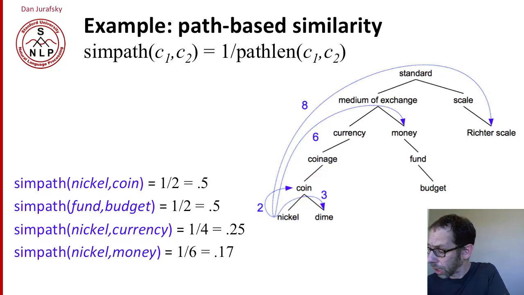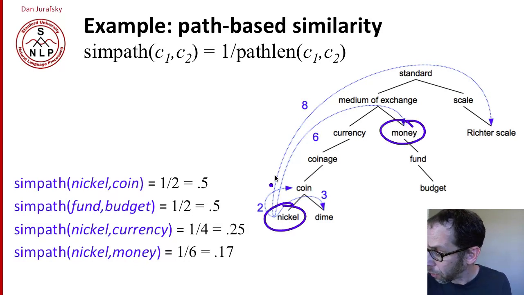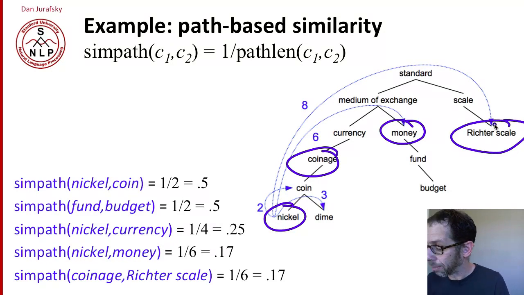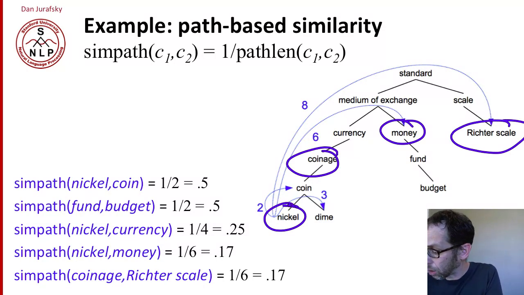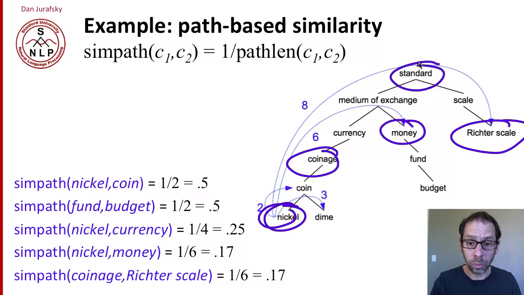Between nickel and money, now we have 5 plus 1, or 6, distance, 1 over 6. Similarly between coinage and Richter scale, a similarity of 1 over 6. Or for that matter, between nickel and standard, also 1 over 6, or 0.17.